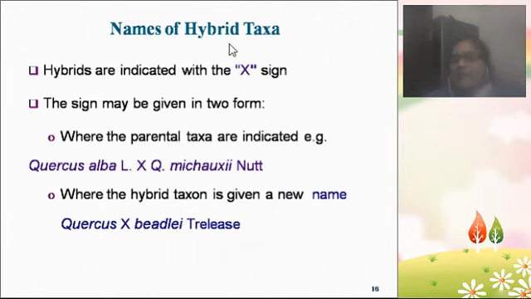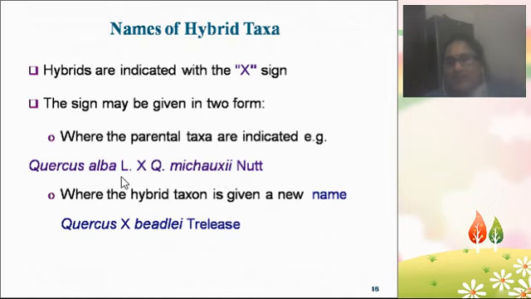Coming to hybrid taxa. Hybrid taxa means there is a hybridization, a cross between two taxa. Those are indicated with the X sign, the cross sign, and the sign may be given in two forms. See the example here. Parental taxa: Quercus alba L., where L means Linnaeus. Quercus is the genus name, alba the species name, L the author. That plant is crossed with Quercus michauxii Nutt., which was discovered by the scientist Nutt.